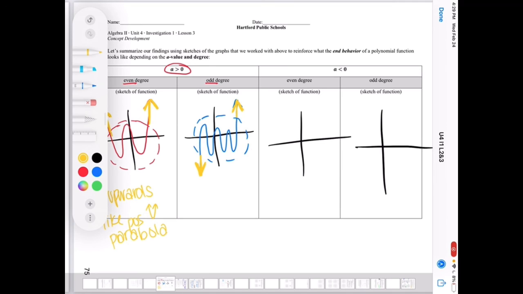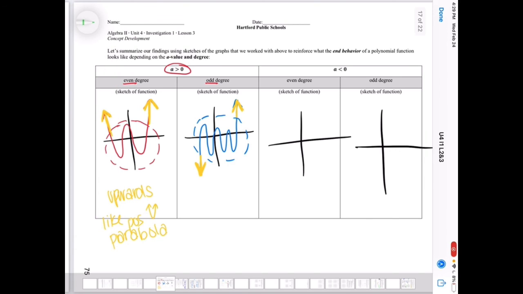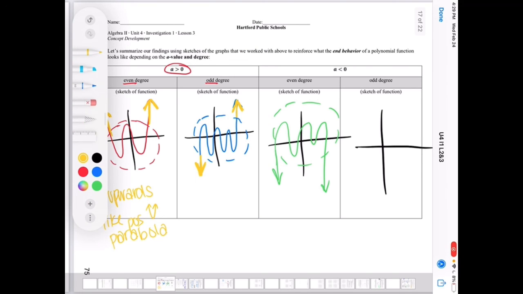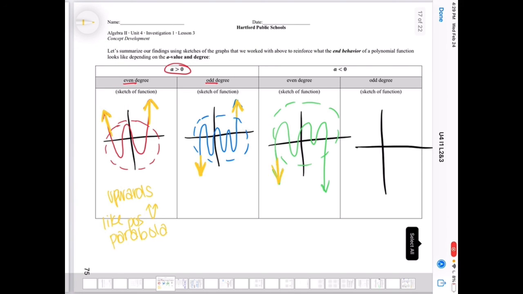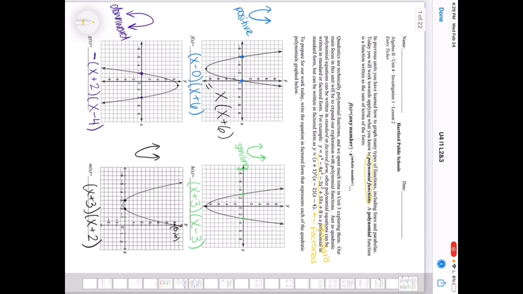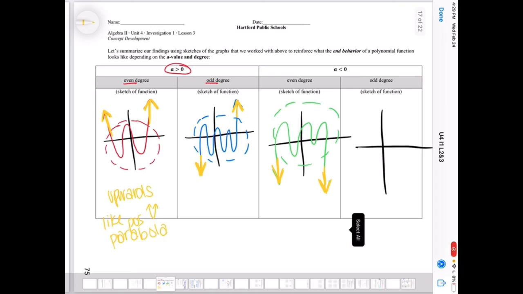For the a value that was less than 0, I'm going to change the color to green. I'm going to get something like this. And again, the middle part might be something completely different, but we're focusing on the end behavior. And this one's like a downward parabola. This one's like a downward parabola.